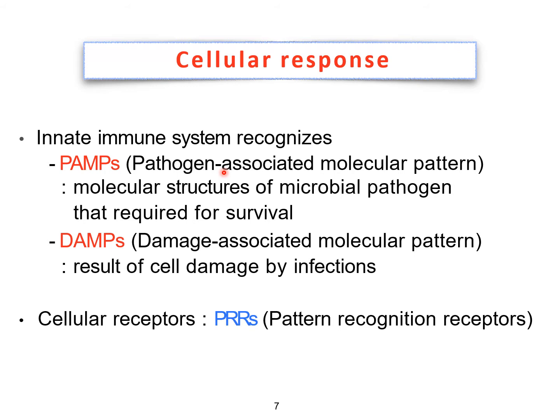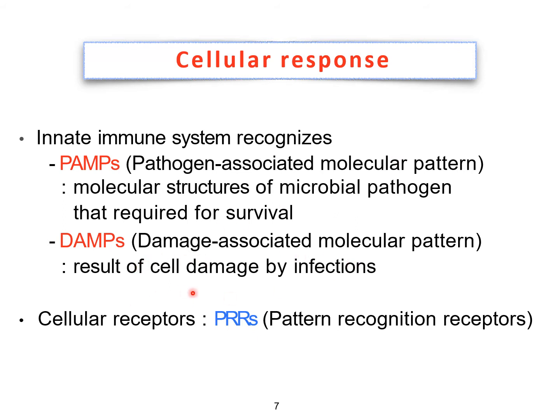PAMP means pathogen associated molecular pattern. That means every microbial pathogen has a molecular structure which is required for its survival. That molecular structure of the microbial pathogen required for its survival is the PAMP. DAMP is damage associated molecular pattern.